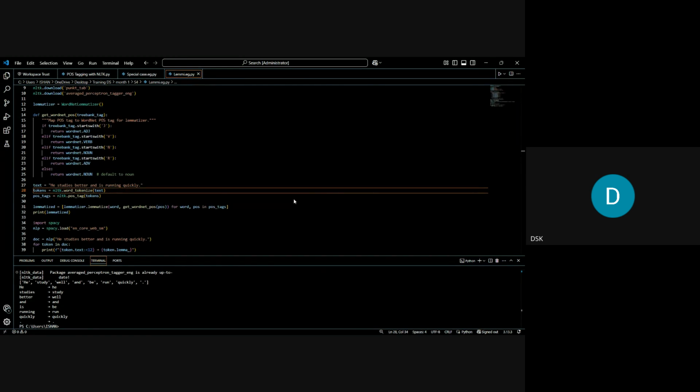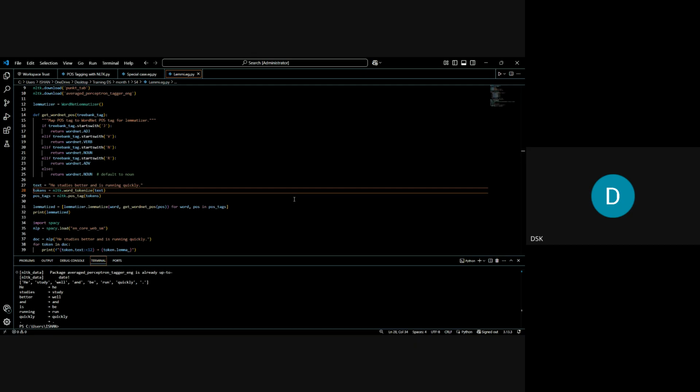For input, we are taking: he studies better and is running quickly. Tokenized, he will be separated, studies will be separated, better, and, is, running and quickly. All of this will be separated, and even the full stop will be separated.